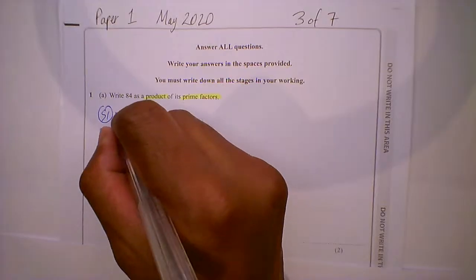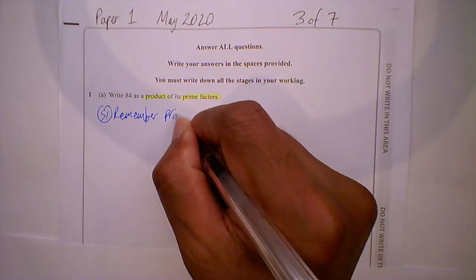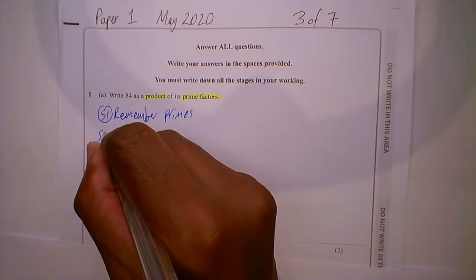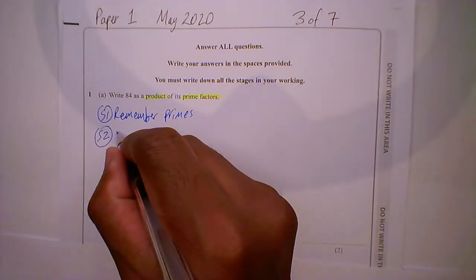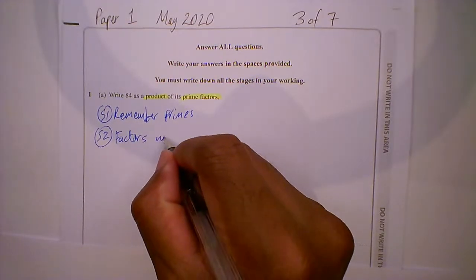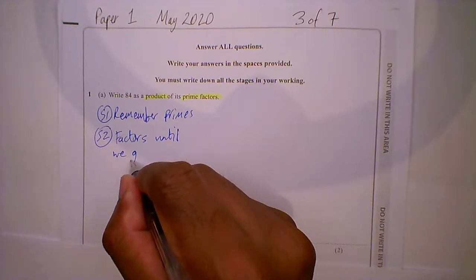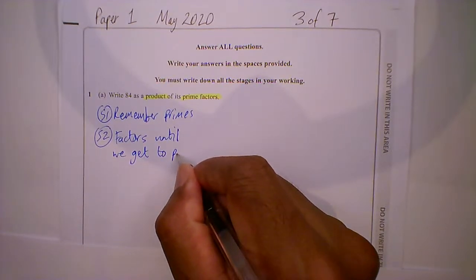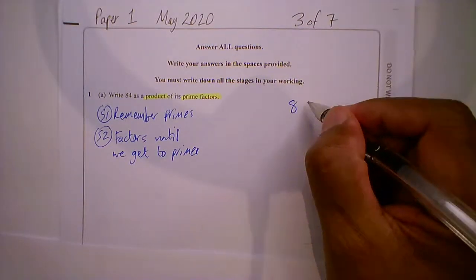Step 1, remember our primes. And step 2 is we keep finding factors until we get to our primes. Okay, so similar to before, we've got 84.